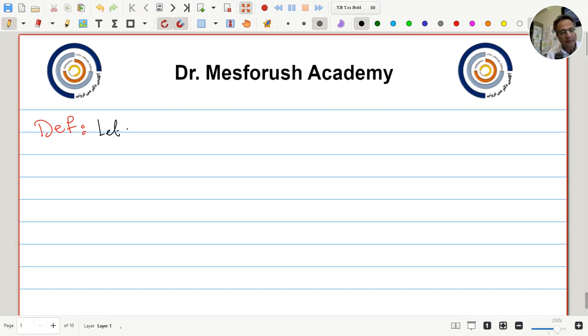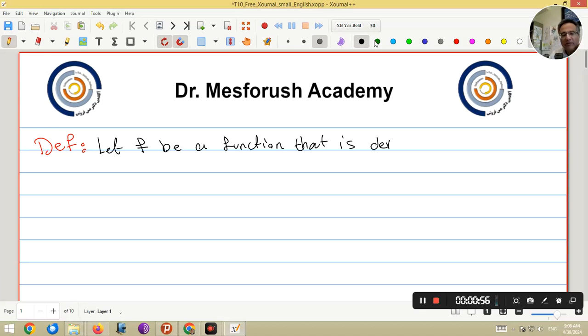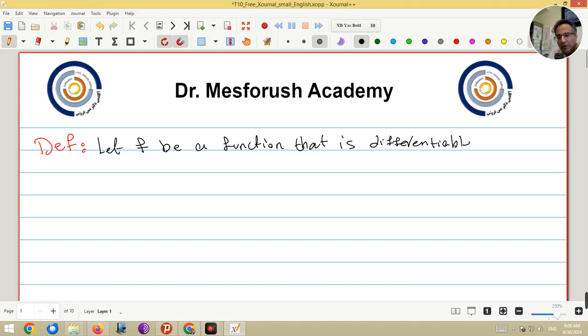Let f be a function that is in fact differentiable enough on interval a and b.